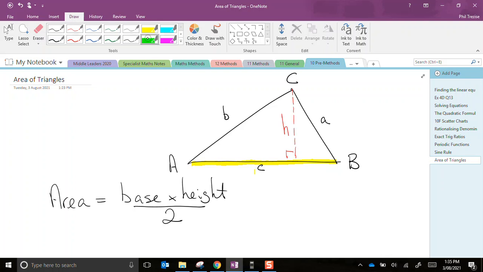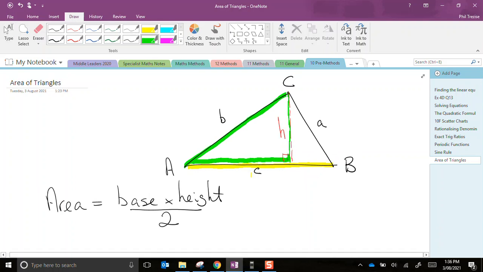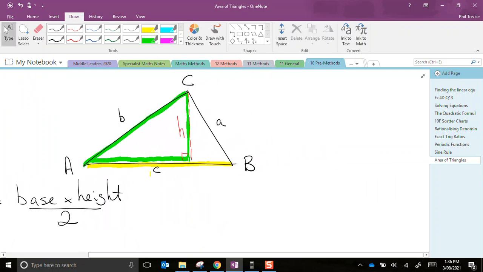Well, if I focus for a moment just on this section, just the bit that I've highlighted there in green, I have a right angle triangle. So I'm going to go across to the side here for a moment.